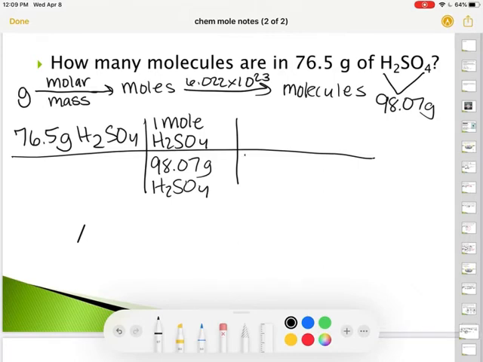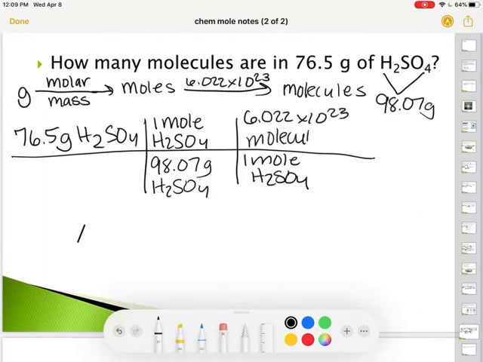And then for every 1 mole of H2SO4, there are 6.022 times 10 to the 23 molecules of H2SO4.